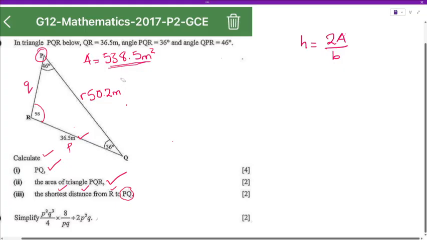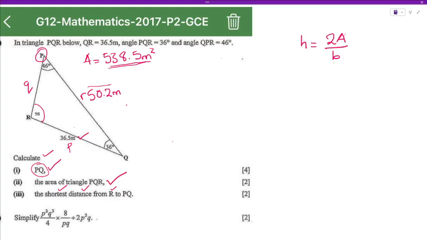And usually this side is asked in the question to say find this side. You can see here there's also PQ here. They asked us to find PQ in the first question. And that is the same side they want us to use. So again, if your PQ was wrong, this means you would have gotten a 0 here. Okay. So what is our PQ? Our PQ is basically this side here represented by R, which is 50.2 meters.